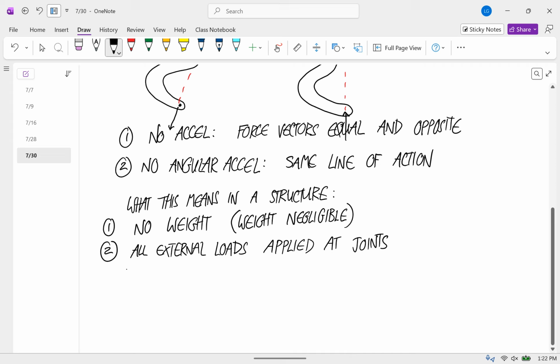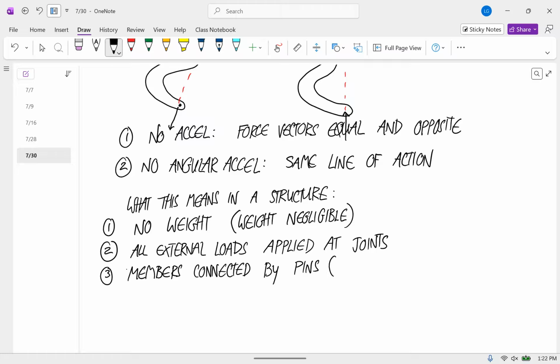So the members themselves are connected by either pin joints in 2 dimensions or ball and socket joints in 3 dimensions.